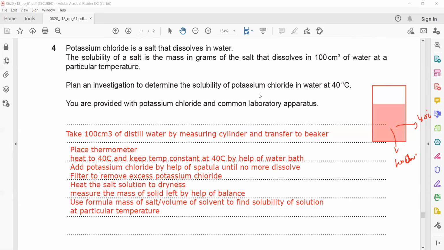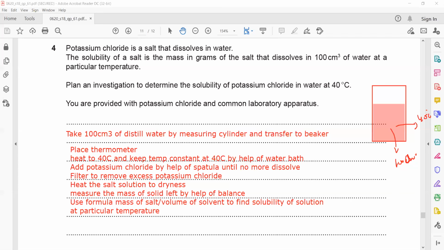Is it clear? Any question related to this paper?